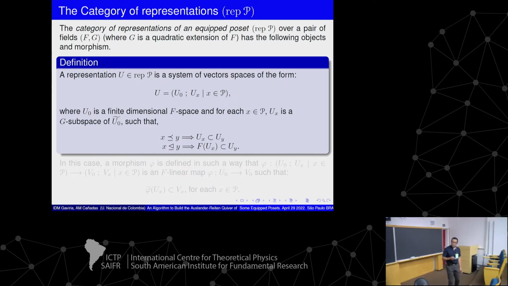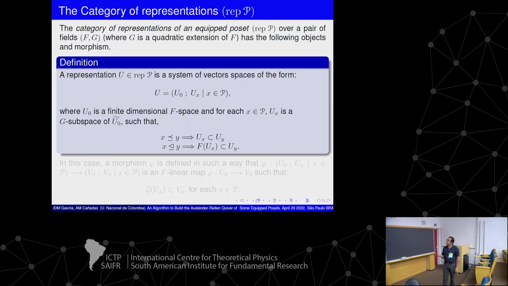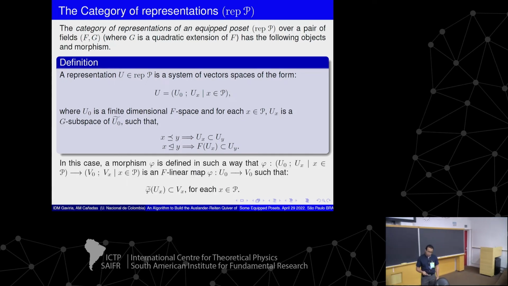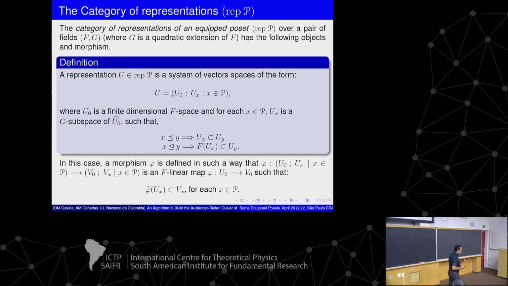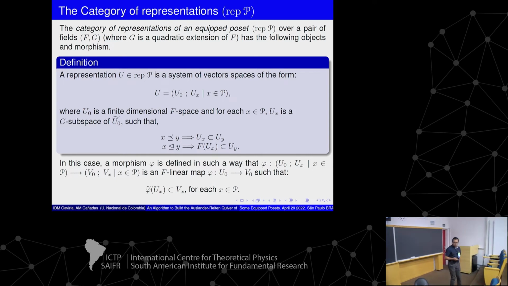This representation is attached to the order relation in the poset, and they satisfy this condition. If you have this relation, then you need to disperse these contents. And that is the object of the category of representations of the poset.